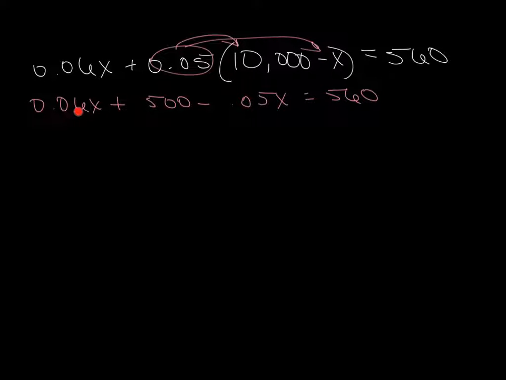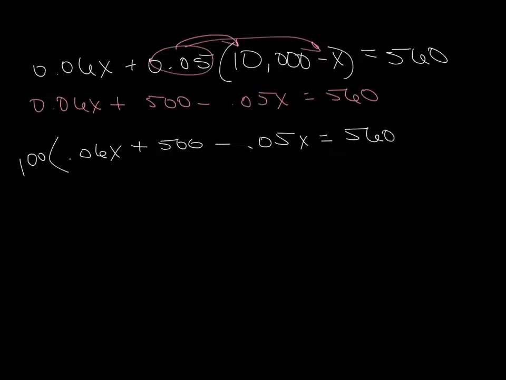So notice this is 2 decimals away. So we're going to multiply the whole thing by a number with 2 zeros, which is 100. And then we distribute that 100.